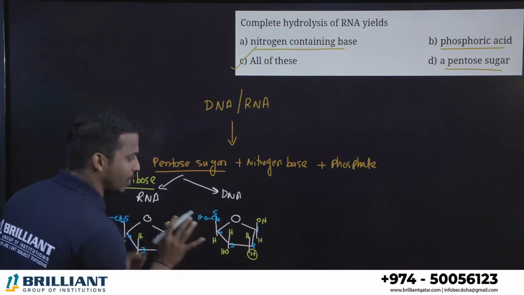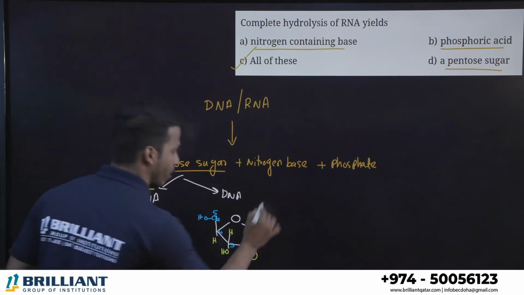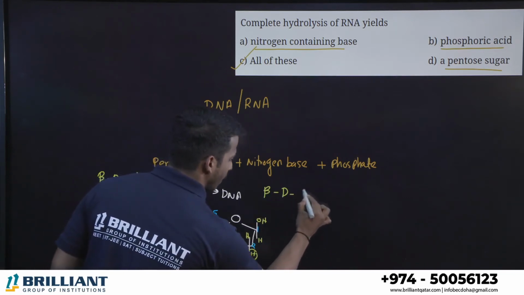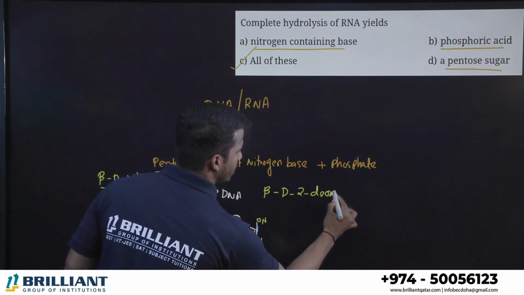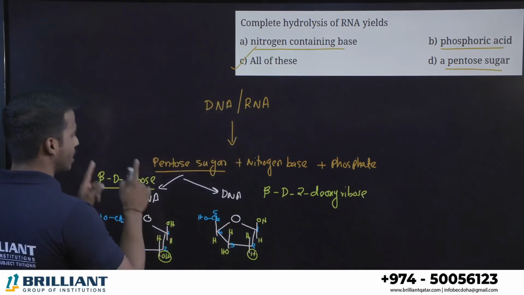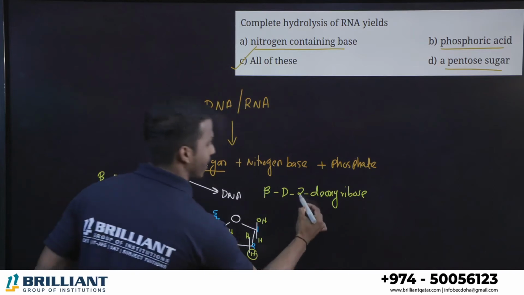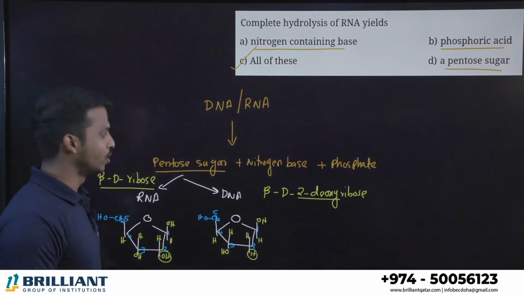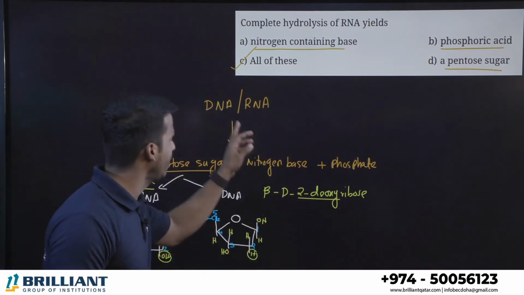So second position no oxygen, deoxy. Therefore it is called beta-D 2-deoxyribose. In beta-D ribose, second position no oxygen. That is called 2-deoxy. So this is the name of the pentose sugar in DNA.